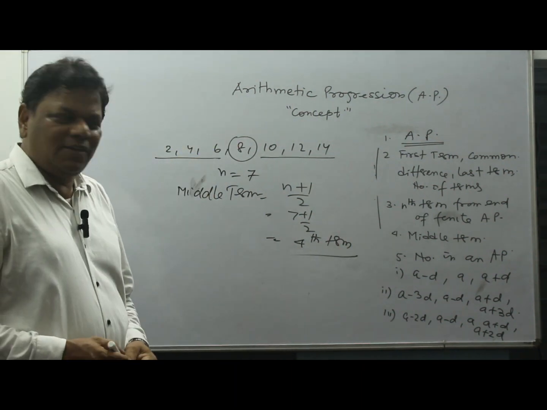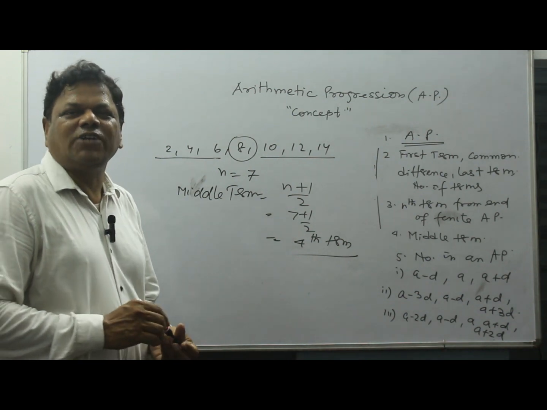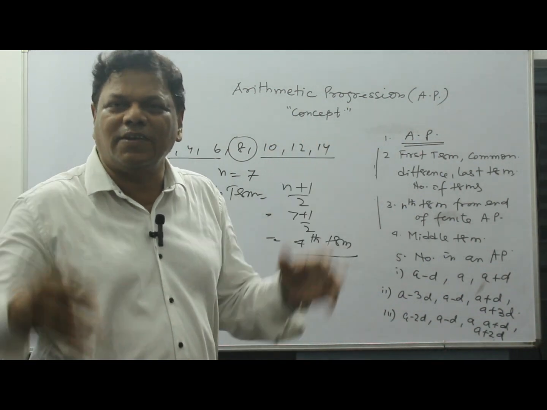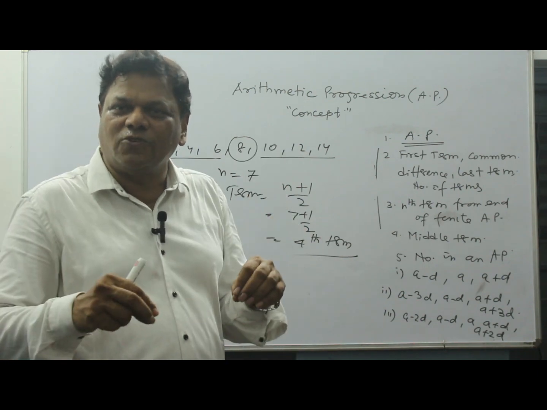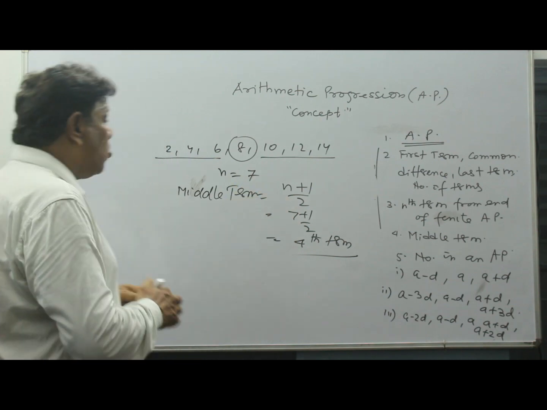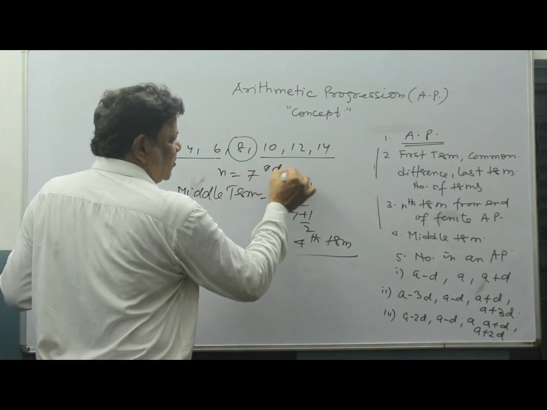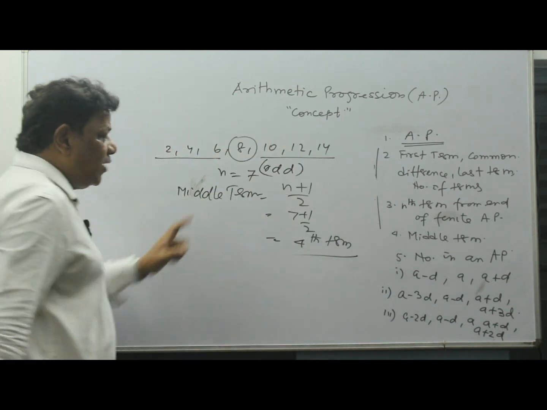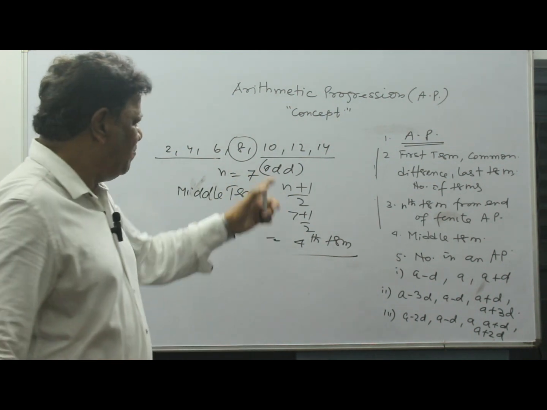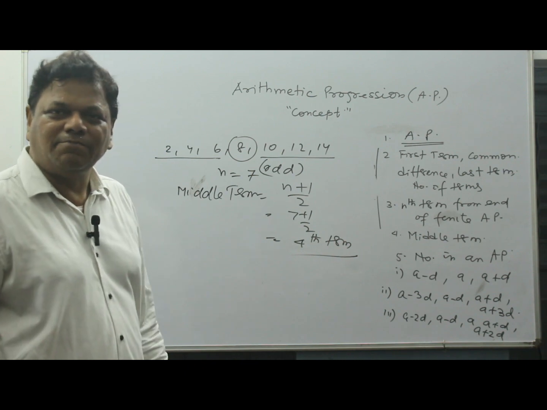So you say I shall count and write? No. If a lot of numbers is given, like 1000 numbers, and I say find the middle term, then actually you have to use the formula. So n, if it is odd, this is very important, if it is odd, then n plus 1 by 2 is the middle term.